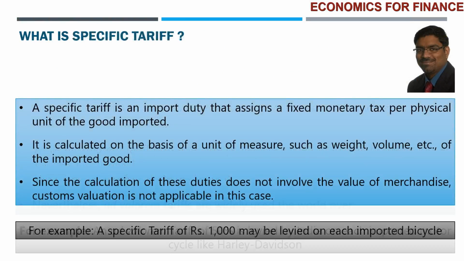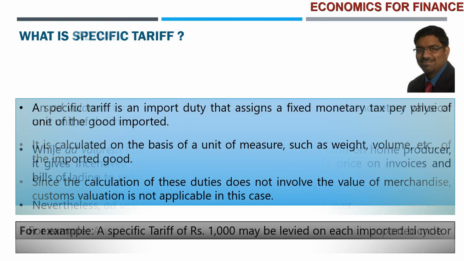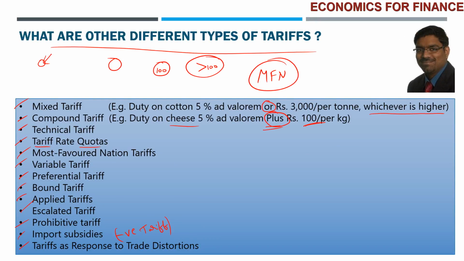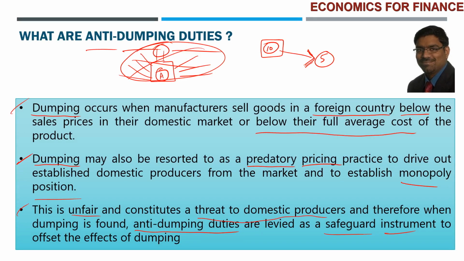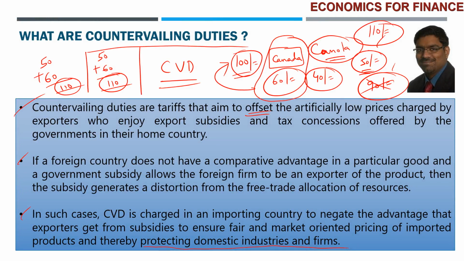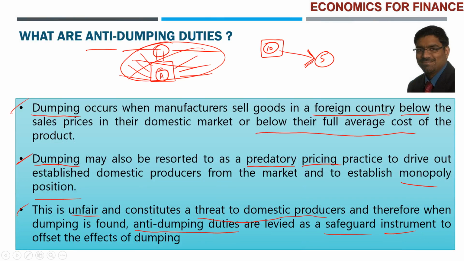What are the different types of tariff? Specific tariff, ad valorem tariff, and so many other types of tariffs, mixed, compound, etc. Anti-dumping duties can be levied also in some circumstances. Countervailing duties also can be levied in some circumstances. Anti-dumping and countervailing, both are not the same. We have to understand that.